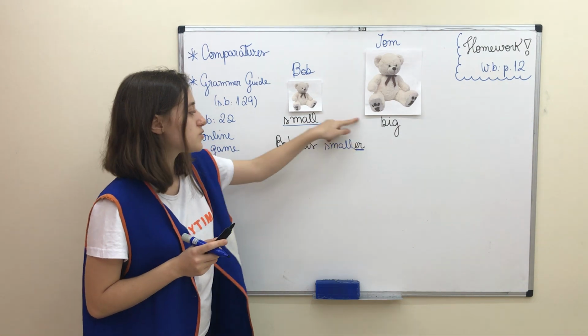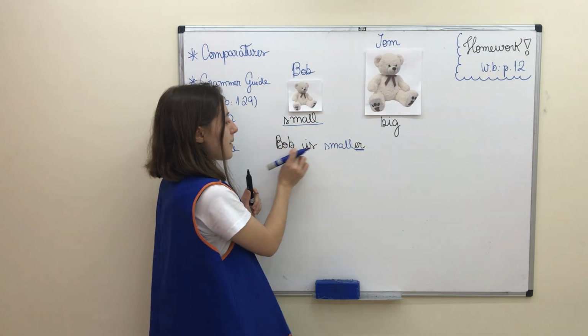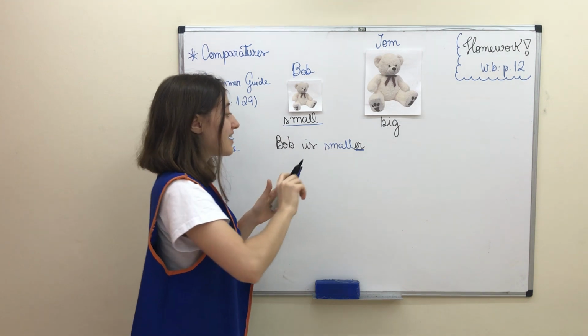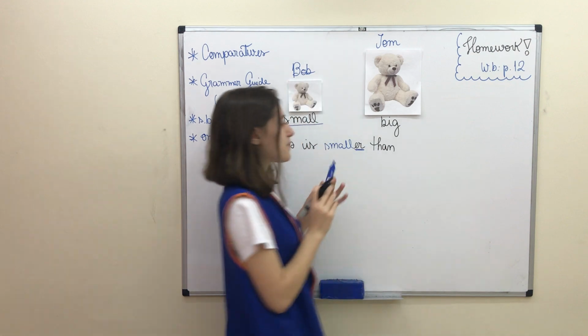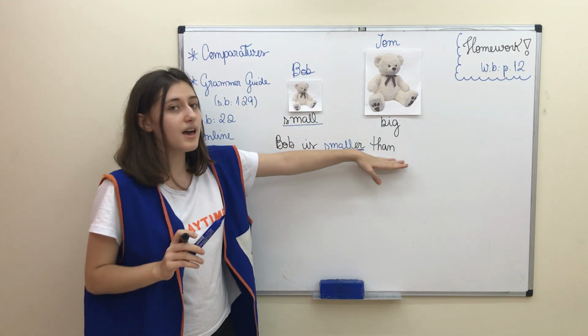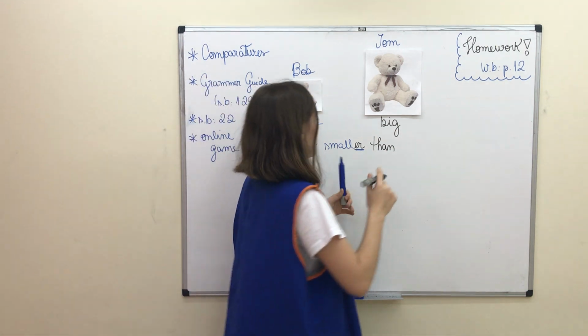So we use this word to compare two things. So Bob is smaller than. If I am comparing, I need to use than, do que, than Tom, okay?